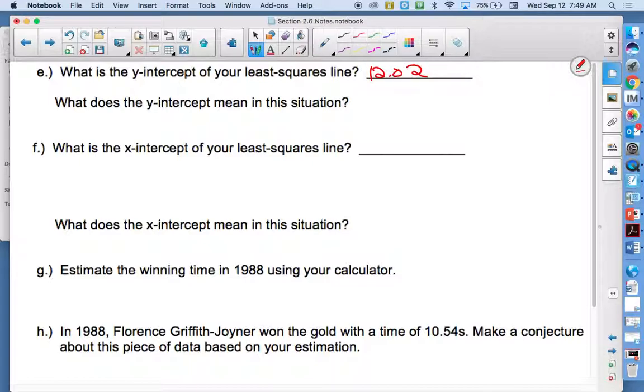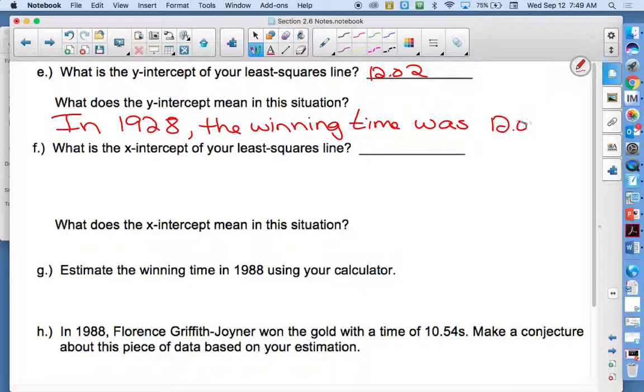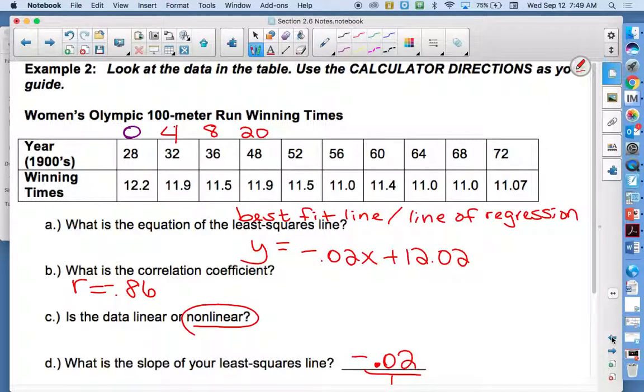In 1928, that was... Okay, so here's where I know yesterday a lot of people were a little confused. Because 12.02 does not match with the actual winning time. Because the actual winning time in 1928 was 12.2, not 12.02.